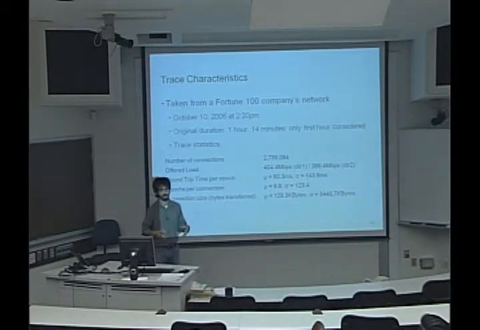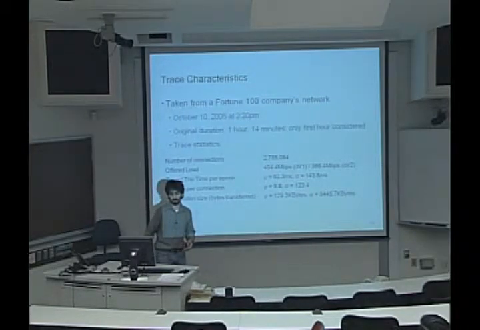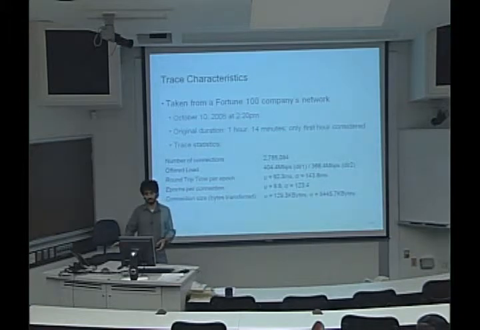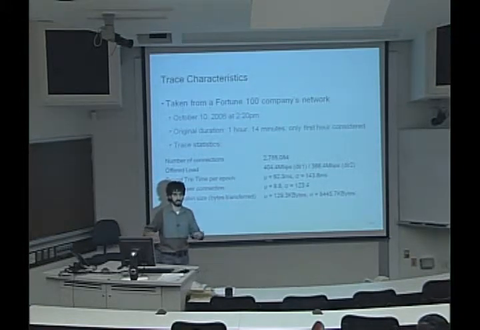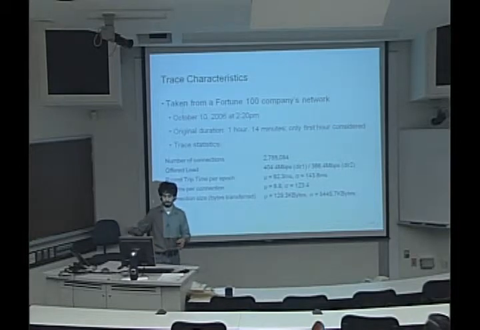Each connection had a mean of 8.8 epochs, and the average connection size was 192 kilobytes. And each of those last two, the lengths of connections and the size of connections, have a very long tail distribution, as you can tell from their standard deviations.